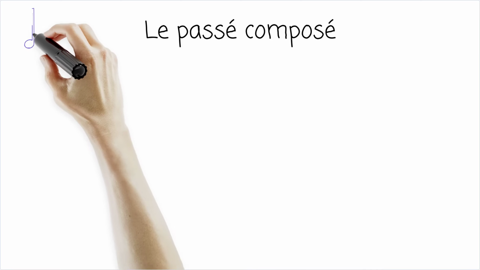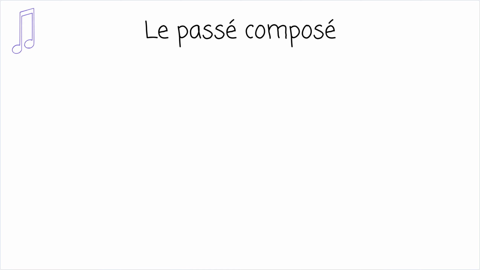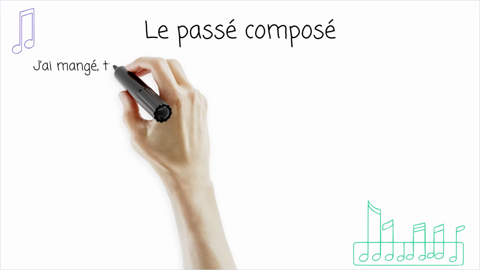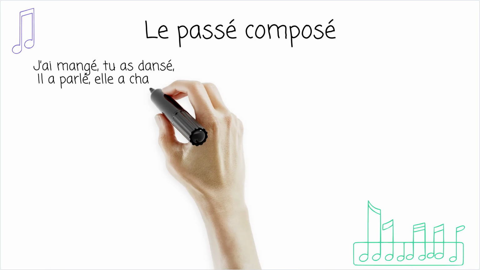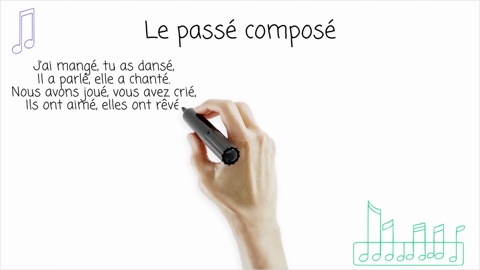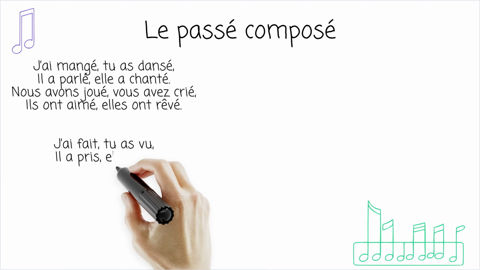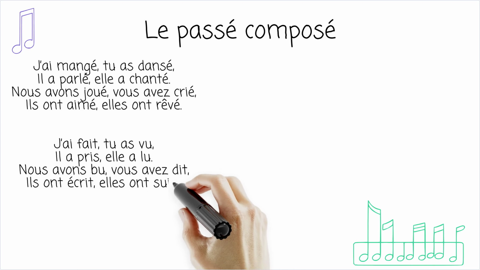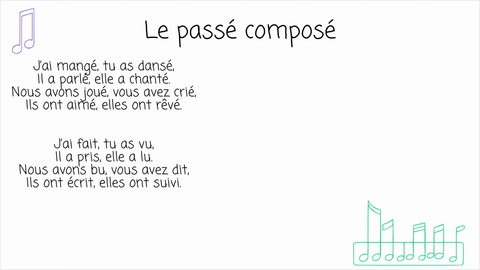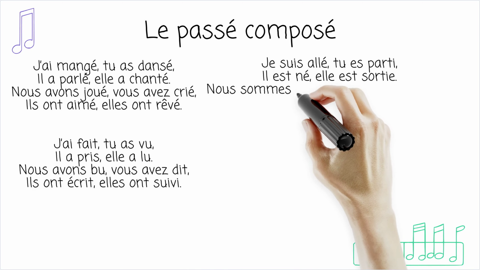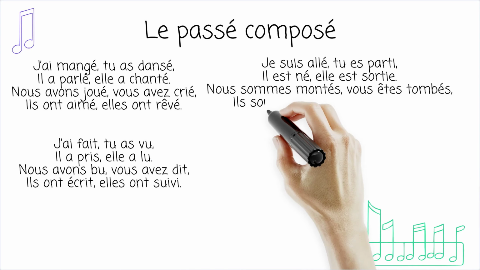Le passé composé. J'ai mangé, tu as dansé, il a parlé, elle a chanté, nous avons joué, vous avez crié, ils ont aimé, elles ont rêvé. J'ai fait, tu as vu, il a pris, elle a lu, nous avons bu, vous avez dit, ils ont écrit, elles ont suivi.